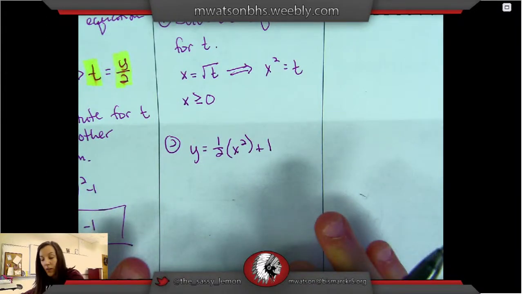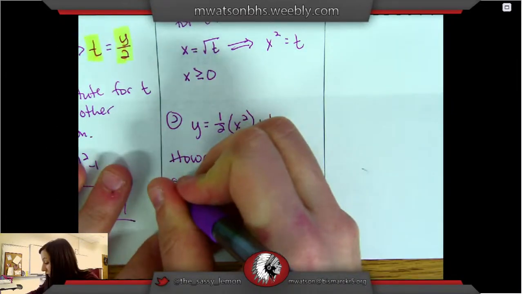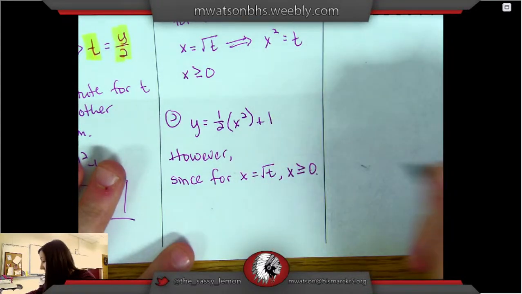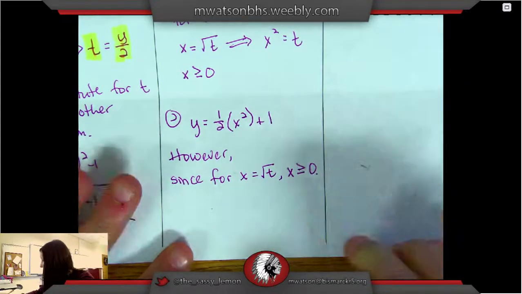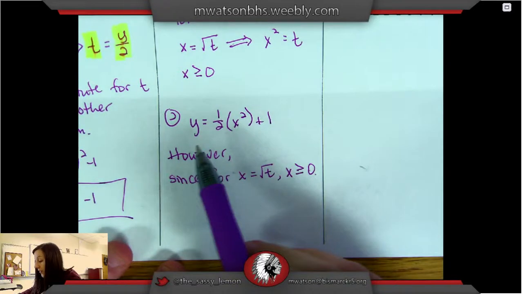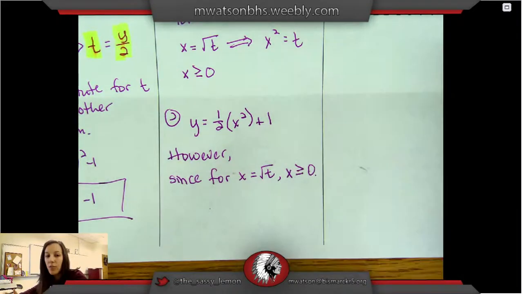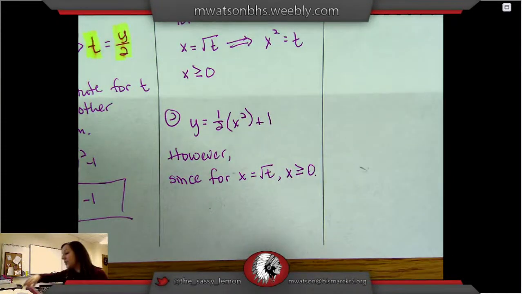However, like I just said, since x equals the square root of t, x is greater than or equal to 0. So that means that whenever we use this equation and think of it graphically, you're only going to have half the values. To illustrate a little bit more clearly, let me show you on the graphing calculator.